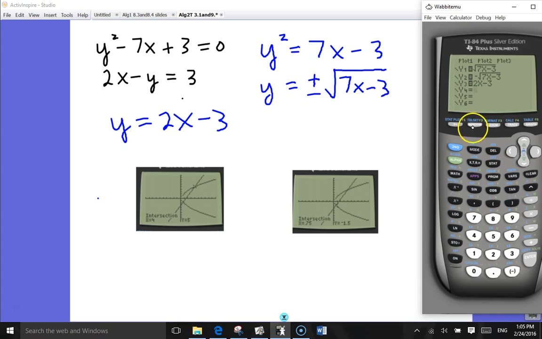All right, so let me go to second, trace, 5, and the first curve will automatically be on Y1, which is okay. We need it once. So I hit OK for first curve. Actually, I can't hit OK. Watch what happens when I say enter. Enter, enter. It won't move off of first curve.